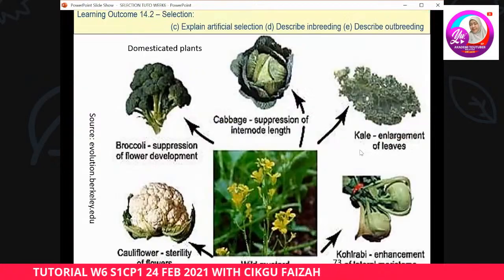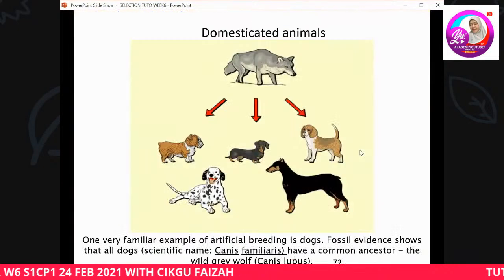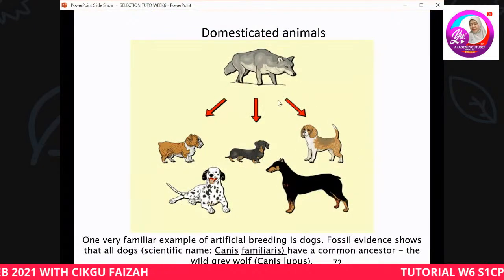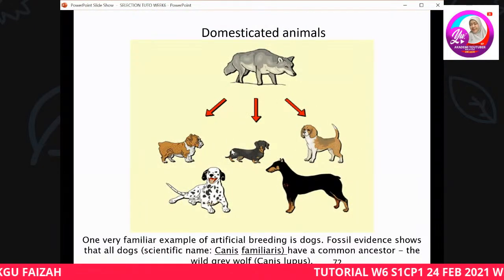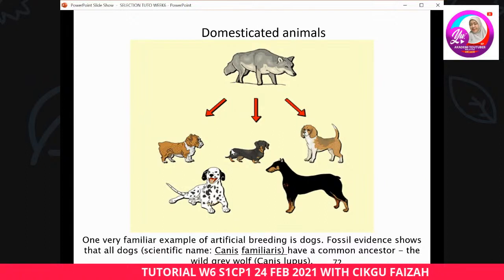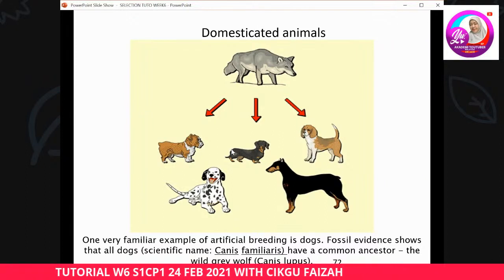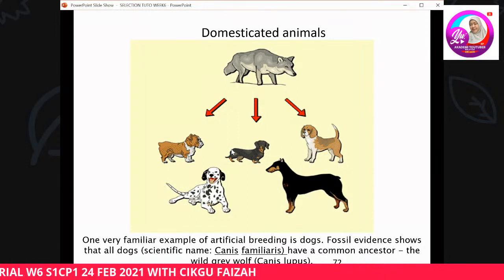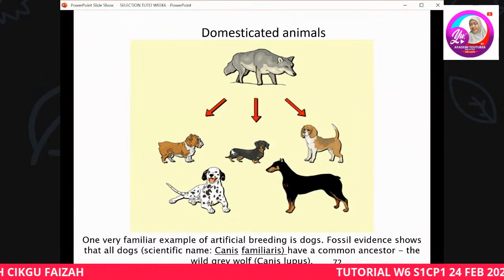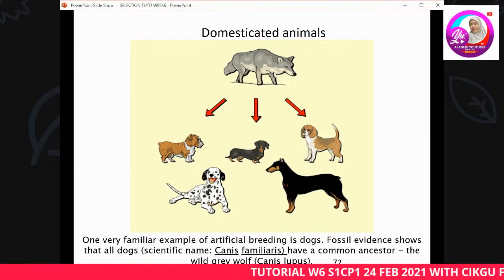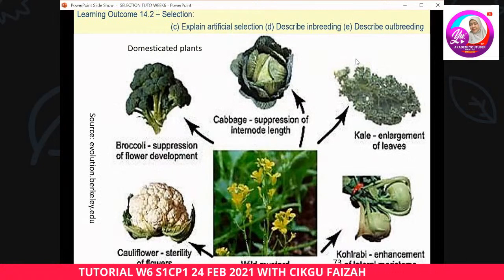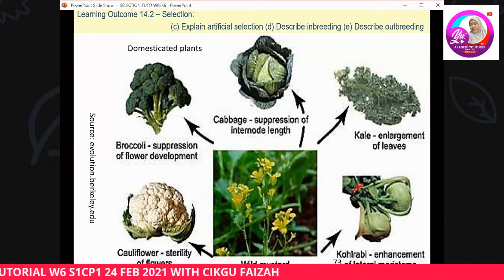As you can see class, nowadays we also breed dogs, so that you can breed different types of dogs. That's why you get many kinds of dogs, from the common ancestor, right? This one is the cabbage.